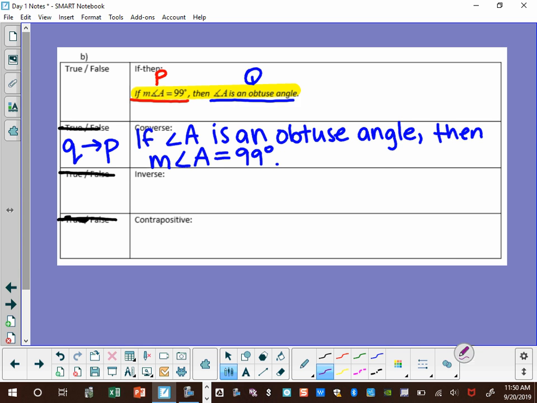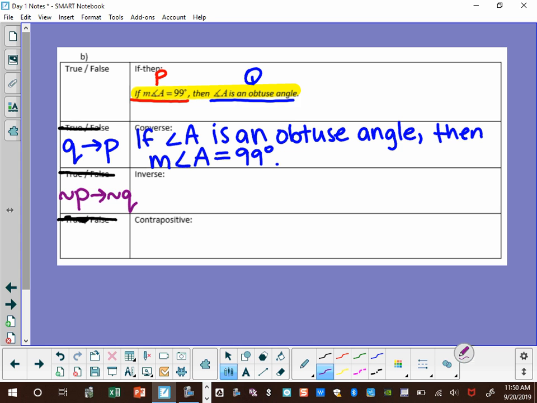Okay, my inverse. For inverse, what are my symbols again? Look at your key. Not P to not Q. All right, so Chris, what's my sentence?